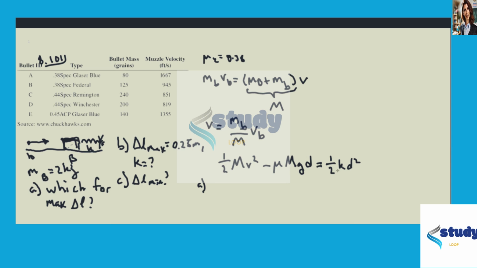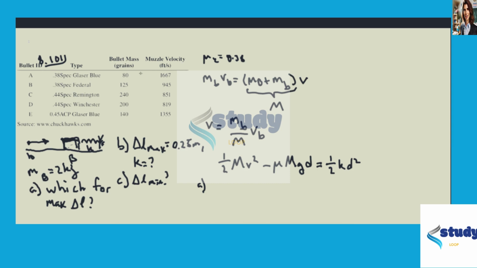As d increases, the value of this increases. So maximizing this speed v is going to maximize the compression, and that's going to happen when the momentum of the bullet is maximum, because this doesn't really vary a whole lot.